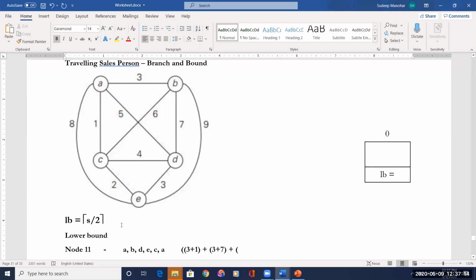Vertex C. For vertex C, it is E and A. That is 1 plus 2.